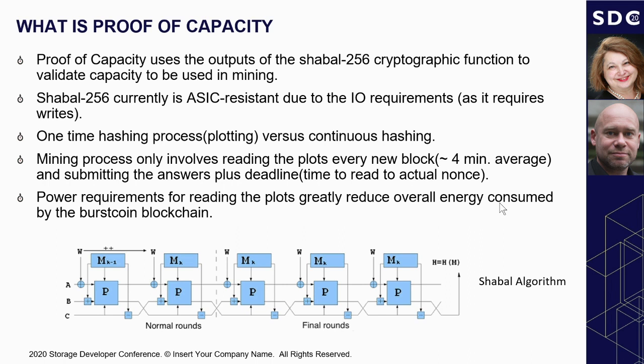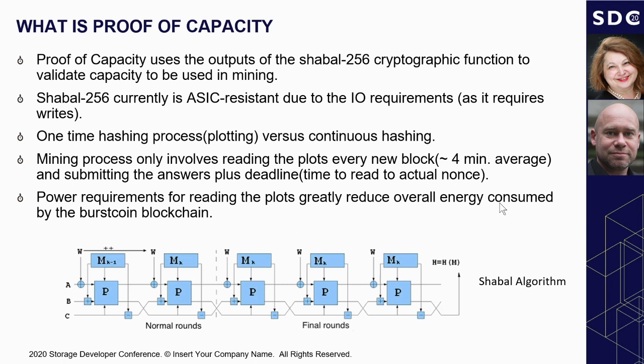Another benefit is when you are using the proof of capacity consensus protocol itself. So it's not SHA-256, but it's the consensus protocol proof of capacity. First things first, you plot the drive, or you format the drive, in other words.